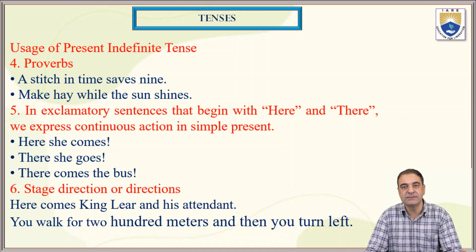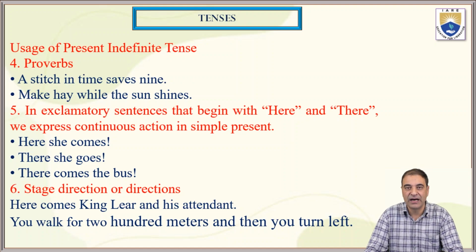Here she comes. She, this is third person singular, and comes, this is verb in first form. If you look at this sentence, at the time of speaking, action is going on, action is in progress, it's continuous. Still, I did not use present continuous tense.